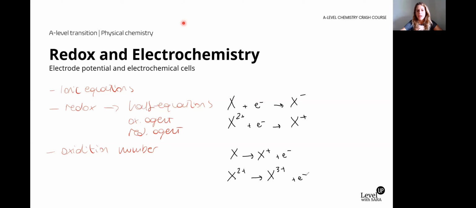Okay, and when you have an overall equation, let's take an example. X2+ reacts with Y to form Y2+ and X. Can you identify what has been reduced and what has been oxidized by looking at the charges? Remember also that the charges are the same as the oxidation numbers.